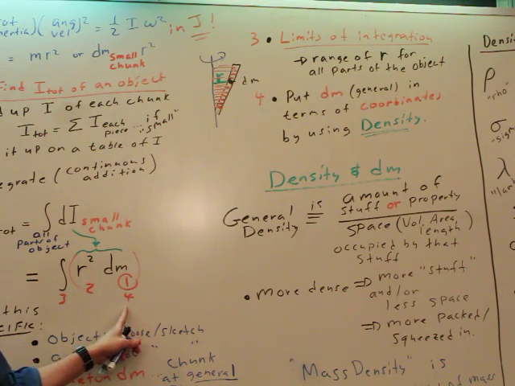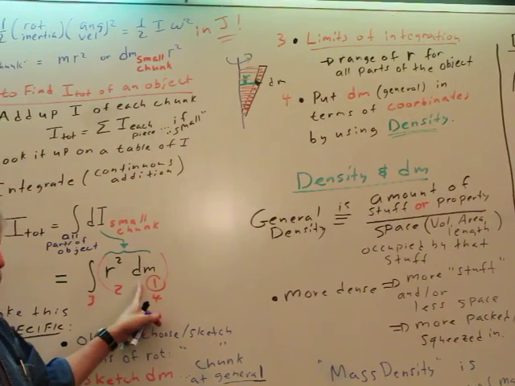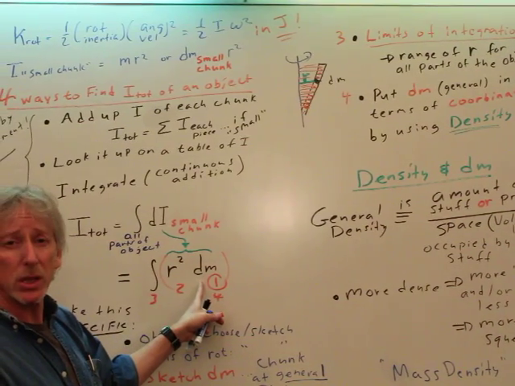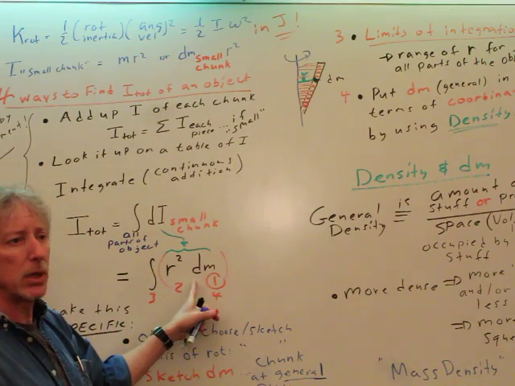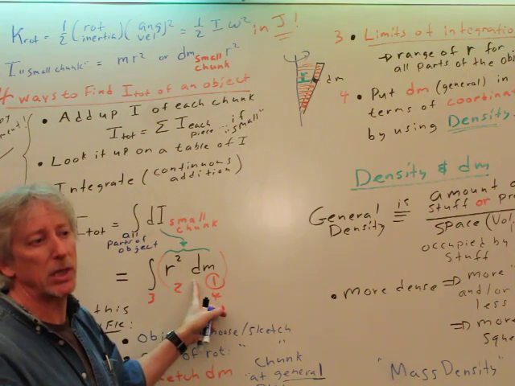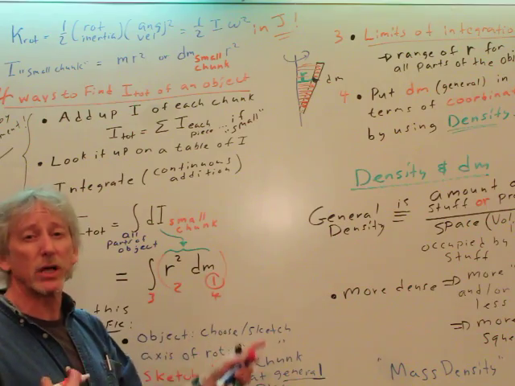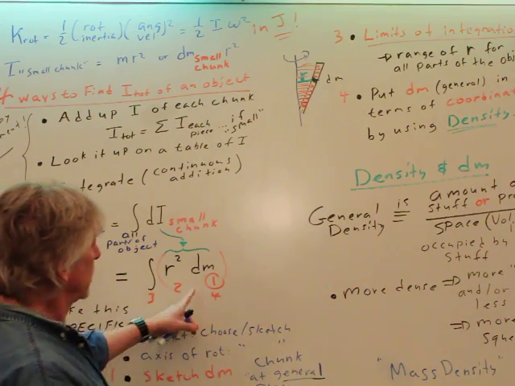Because how do you integrate dm over coordinates? What's R got to do with dm? And it doesn't really yet. So you've got to transform dm into something over, say, dx, or dy, or dz, or r dθ, dr, or whatever. It's just geometry. The physics here, though, is here.